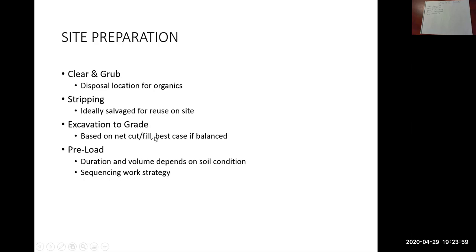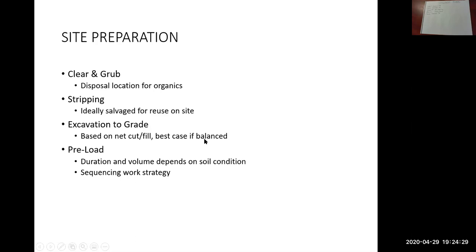Typically the BC government or Ministry of Transportation allows you, the contractor, to do that. So cuts can be hauled into fills. So you don't have to dispose of all your cut material off site. So it saves the project money. And then you don't have to buy as much imported fill either. So there's kind of a double savings there.